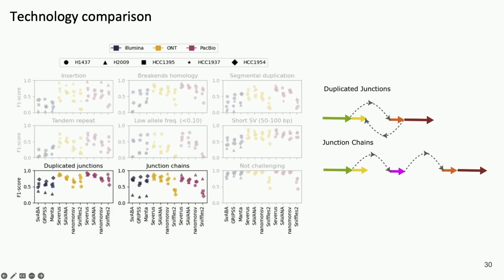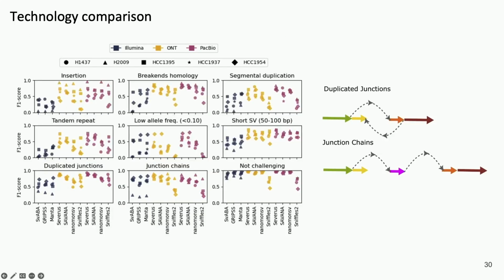The other thing that I want you to focus on is this very last part, which is not challenging for calling: almost all tools had very high F1 scores. These are the rest of the SVs that we find not challenging. But except Sniffles2 here. Sniffles2 is designed for germline SV calling and does quite well for germline SV parts.